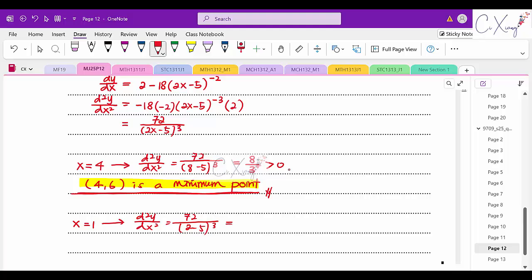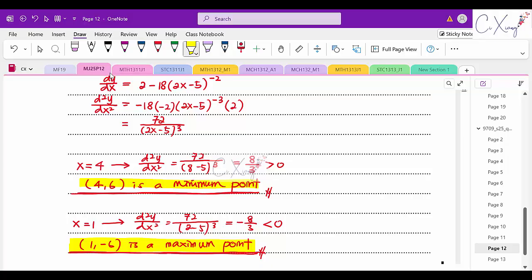When you simplify, you should have -8/3, which is smaller than 0. Smaller than 0 means that this particular point here is a maximum point.